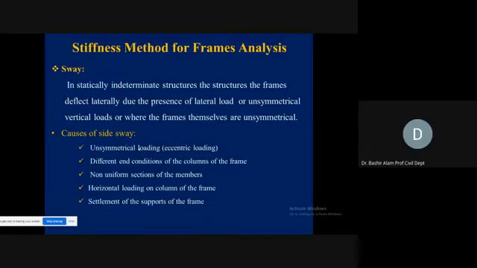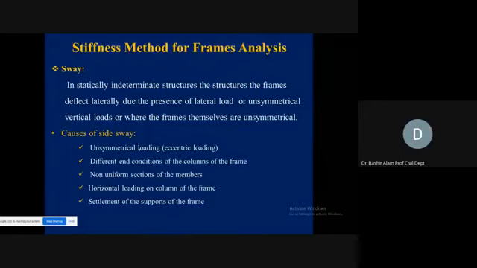Now, sway frames. In statically or kinematically indeterminate structures, frames deflect laterally due to the presence of lateral loads. What can be the reasons for this lateral displacement? One can be the presence of lateral loads. Or lateral load will not be there, but there will be unsymmetrical vertical loads.